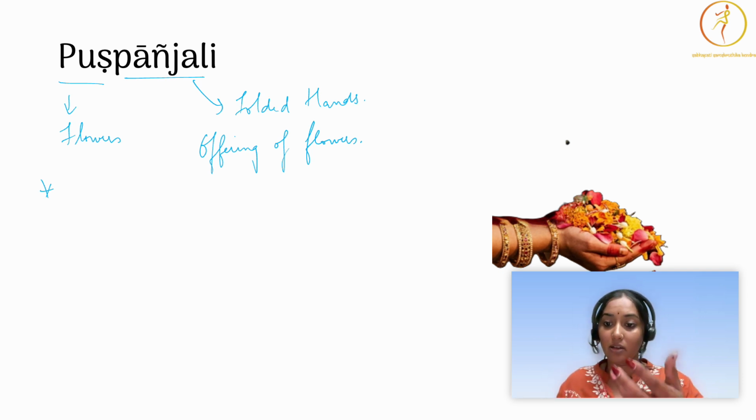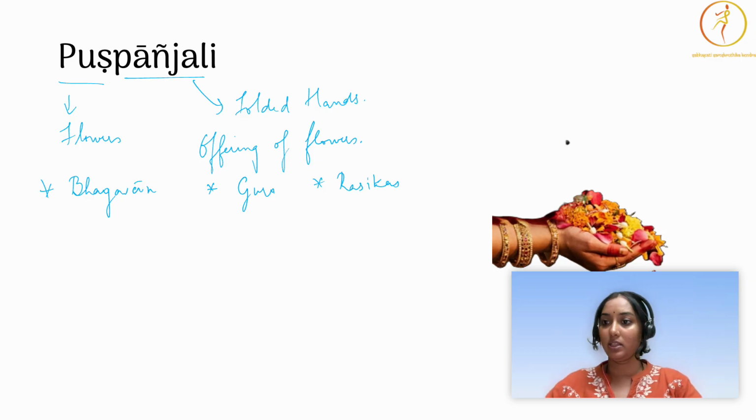So Pushpanjali is done as a respect or as an offering to offer our pranams to firstly the Bhagavan. Of late I've been using the word Lord less, but to your gurus and to the prekshakas or the rasikas who come to watch our dance.